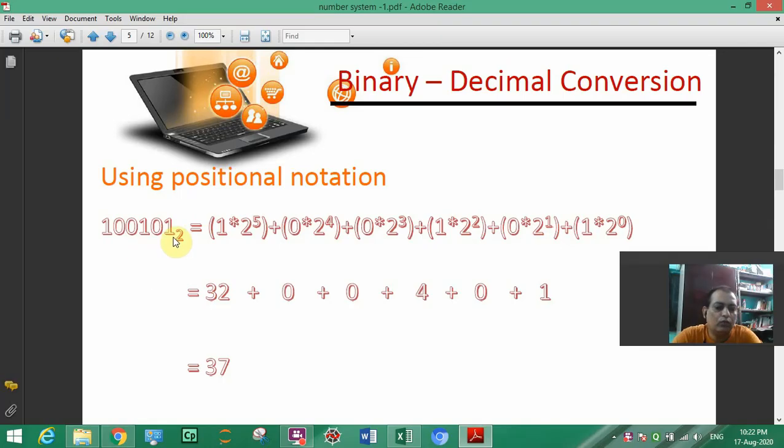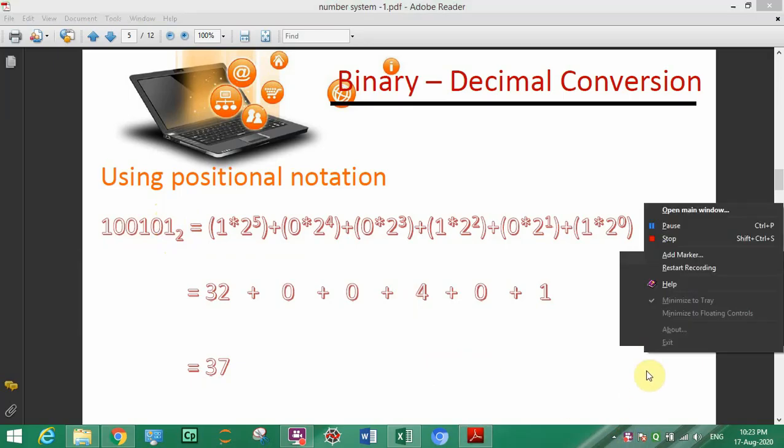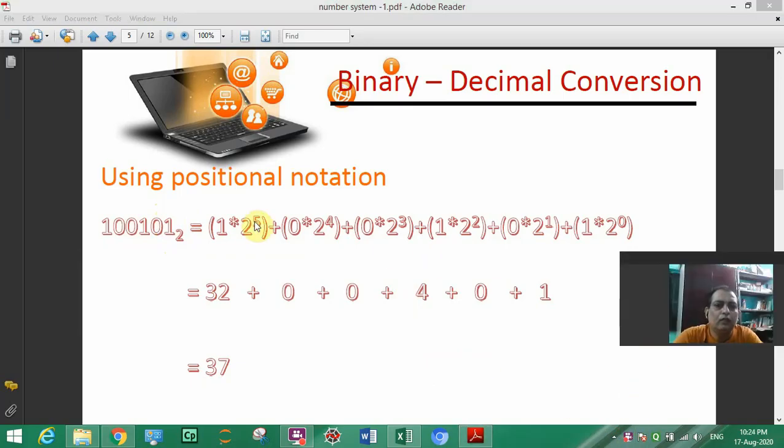For that, as I told you, you have to write the index. In the earlier slide I told you to write index 0, then 1, then 2, then 3, then 4, then 5. ठीक है.